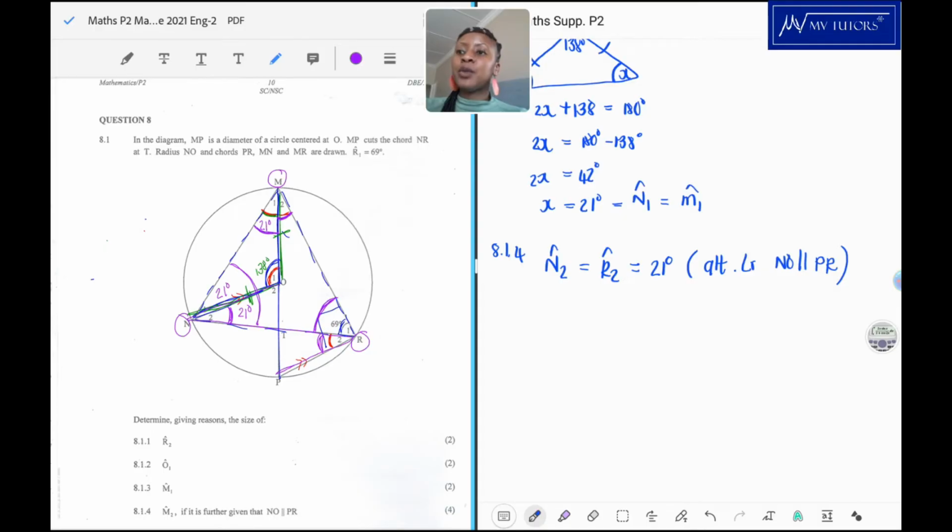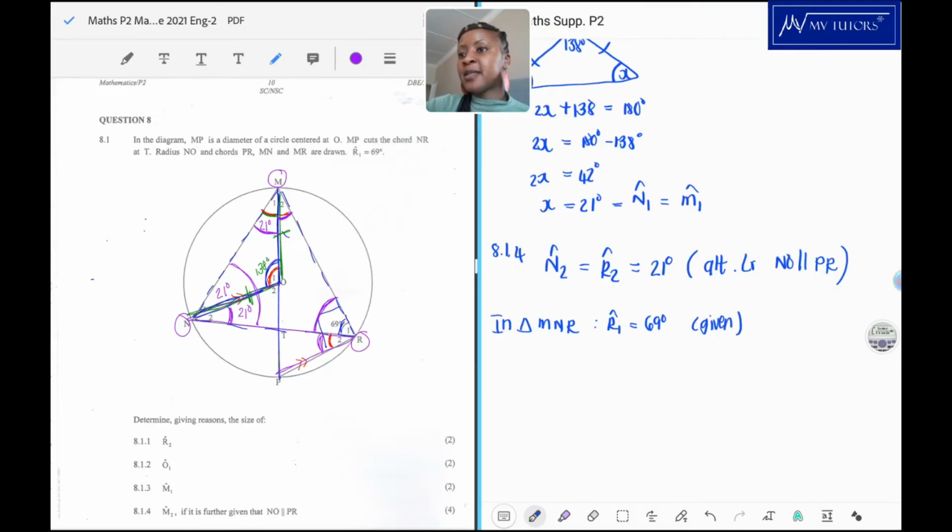So my only unknown really is M2. So therefore I'm going to say in triangle MNR, I have that R is equal to 69, okay, so that's given.